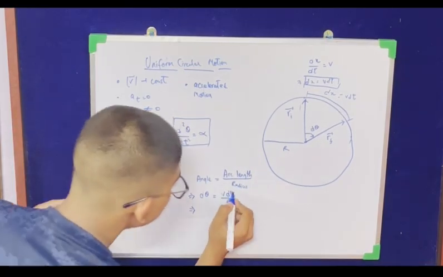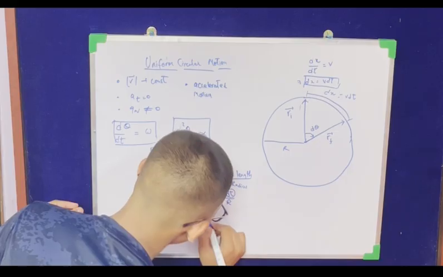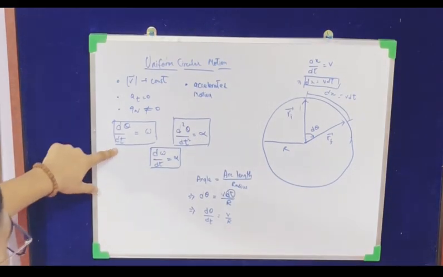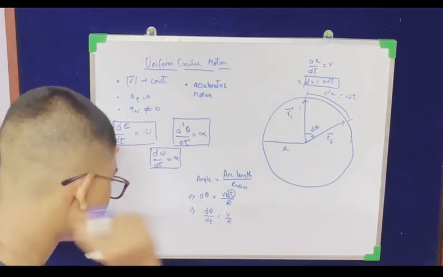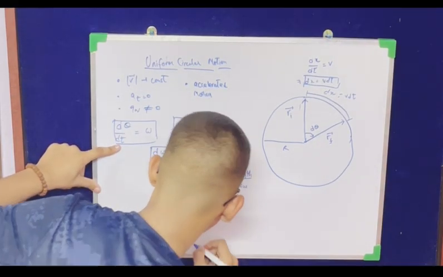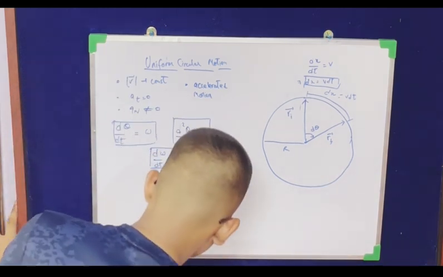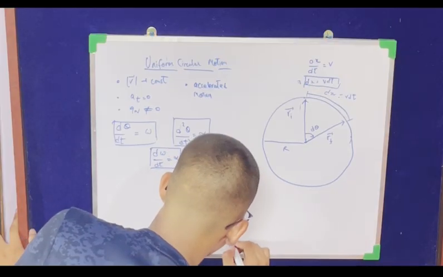So now if we shift this dt term, we get d theta by dt is equal to v by r. From this formula we can say that d theta by dt, which is the differentiation of angular displacement with respect to time, gives us omega, which is equal to v by r.